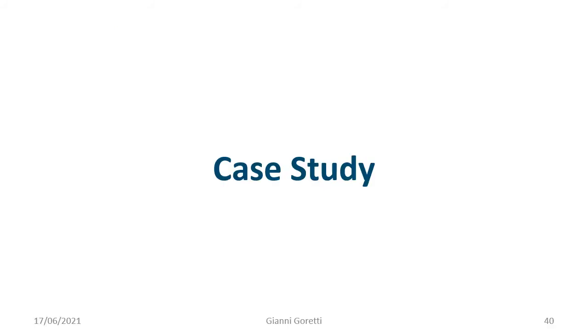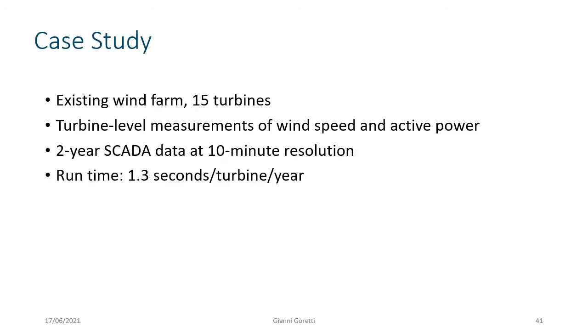Coming then to an application of this function to a practical case, I'll present the results for the cleaning of the data from an existing wind farm that has 15 turbines. We have turbine level measurements of wind speed and active power.